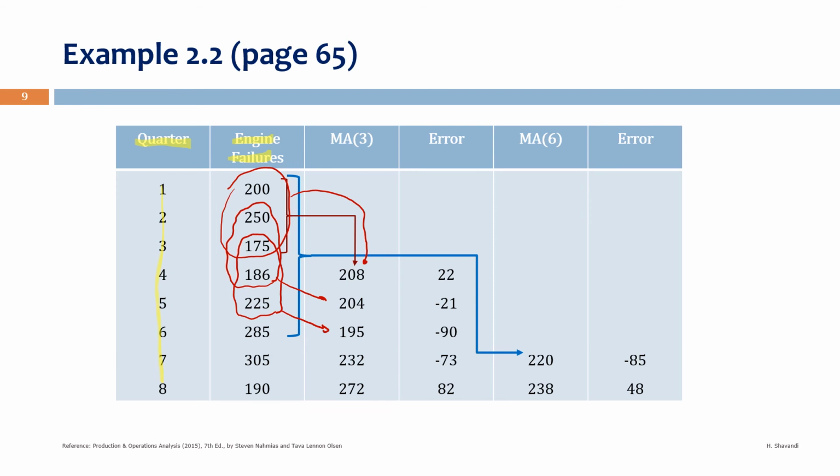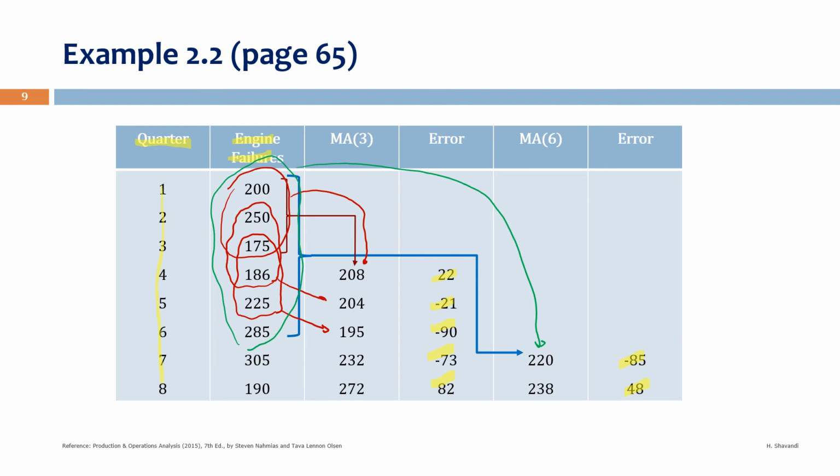And also for the moving average of 6, as you see here, the first 6 observations will be used to forecast the value for period 7, right? So this is how the moving average works, and as you see here, we do have the errors for the moving average of 3 and moving average of 6.